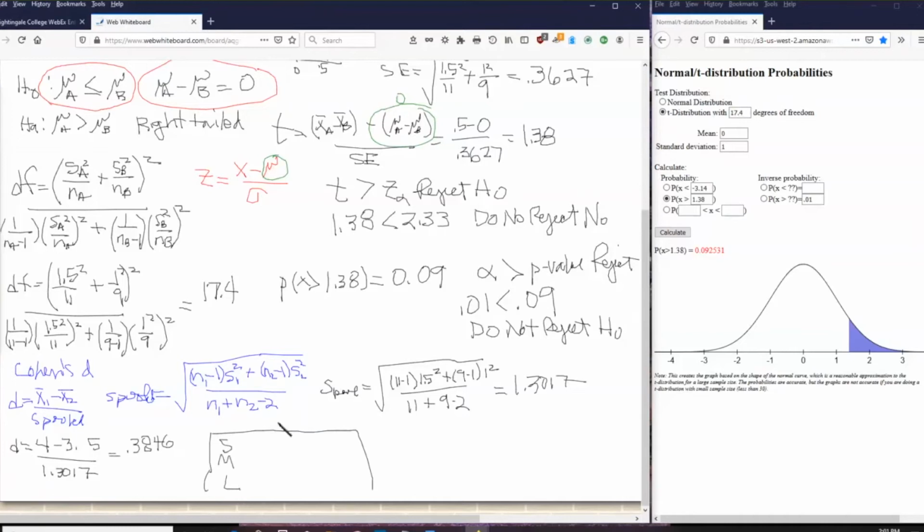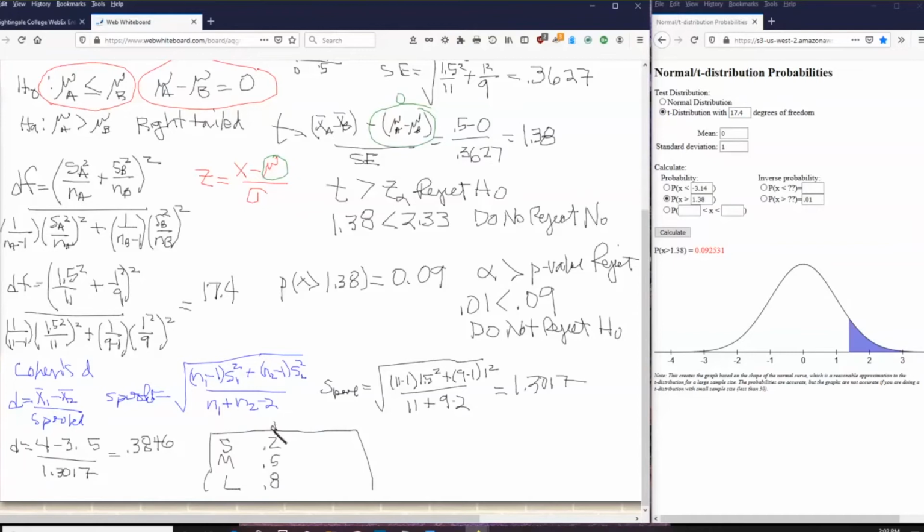For a small, you've got 0.2, medium is 0.5, and large is 0.8. So you're looking at whether the size of the effect is small, medium, or large, and we're comparing it with the D value.